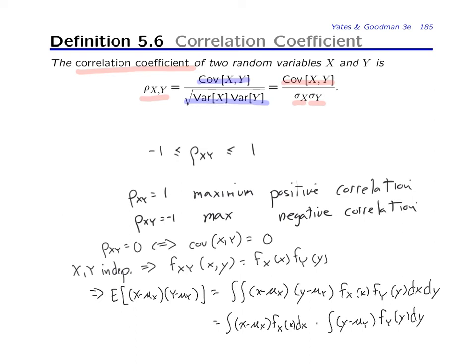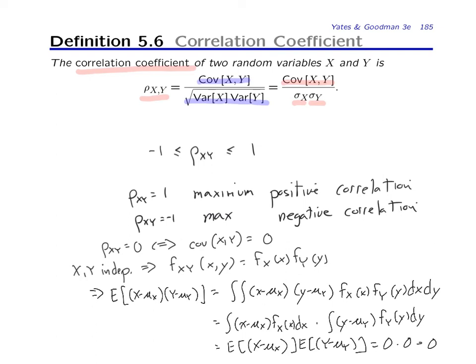And this is equal to the expected value of x minus mu x times the expected value of y minus mu y. And this is equal to 0 times 0, and that's 0. So what we see here is that rho equal to 0 is a consequence of independence.